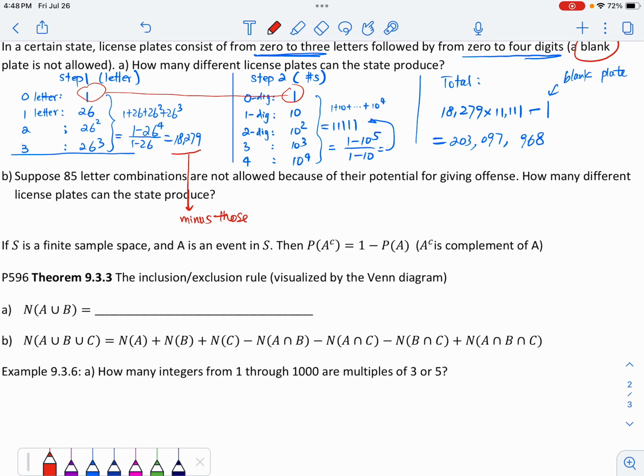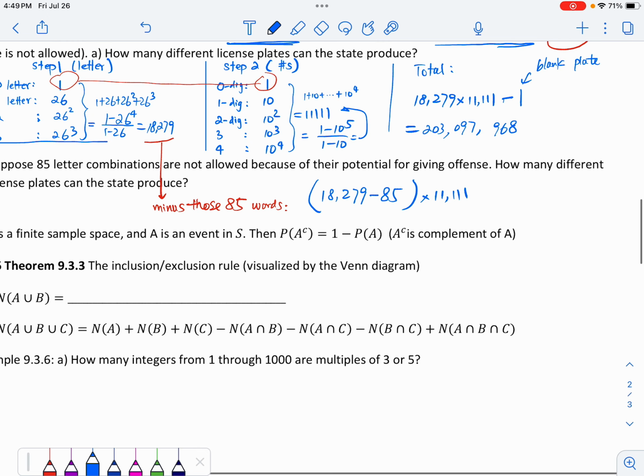those 85 words. Therefore you have 18,279 minus 85, excluding those 85 from all the possible combinations, and then times 11,111.